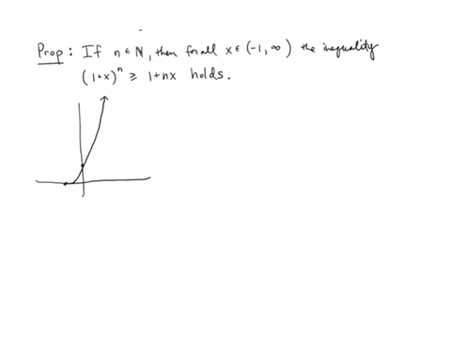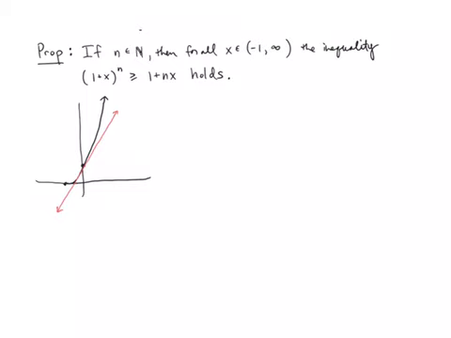And 1 plus nx is just this line here. Maybe I'll use a different color. This is the tangent line to the function (1 plus x) to the n at x equals 0.